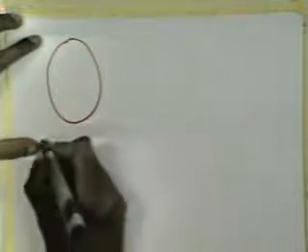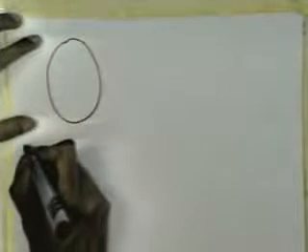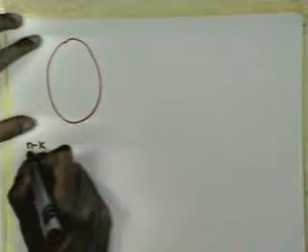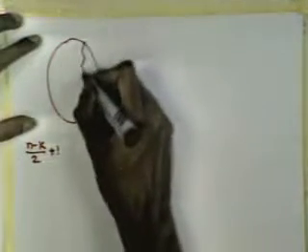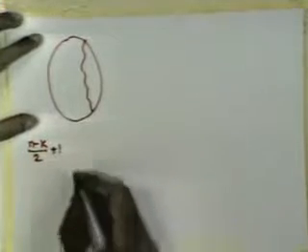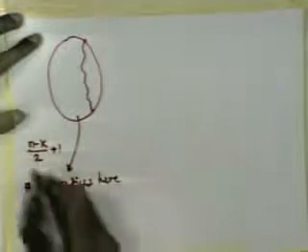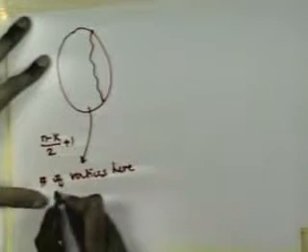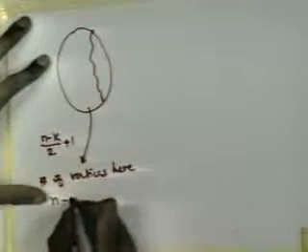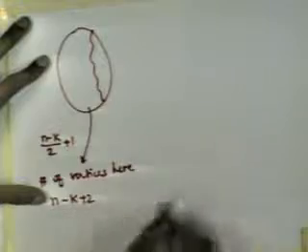So G has a matching of size (n minus k) by 2 plus 1. The number of vertices in the matching is twice this, which is n minus k plus 2.